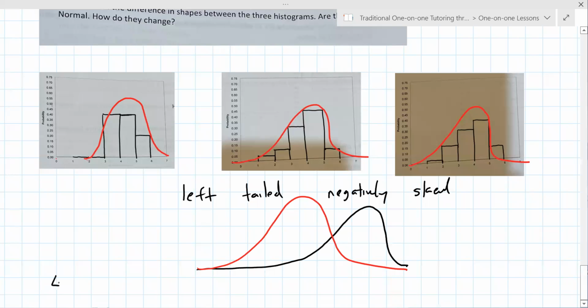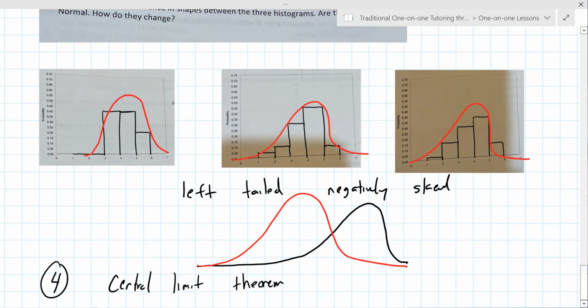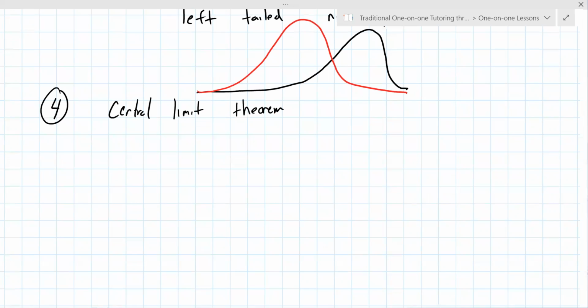The word I was thinking of is the central limit theorem. Maybe you heard that in class. I have not. Okay. So number 4, what you're supposed to say here is that what you predict is that the histogram will look more like a normal distribution.